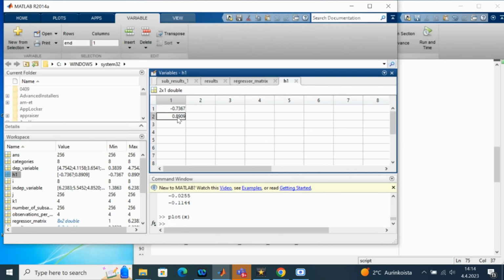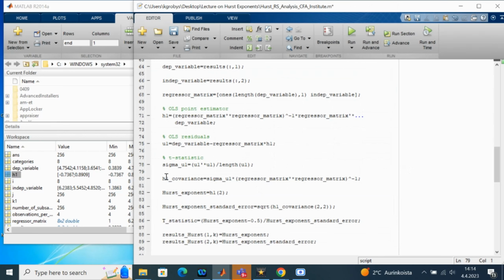Now we have just the point estimator, but we do not know if the difference between 0.89 and 0.5 is statistically significant. So that's why we have to estimate first the regression residuals, then we have to estimate the corresponding variance of the regression residuals, which is what happens here.